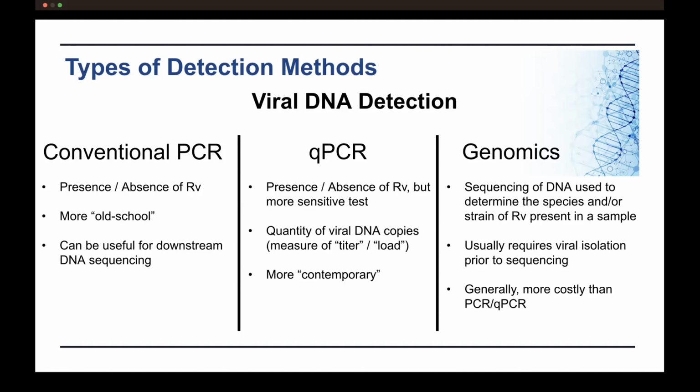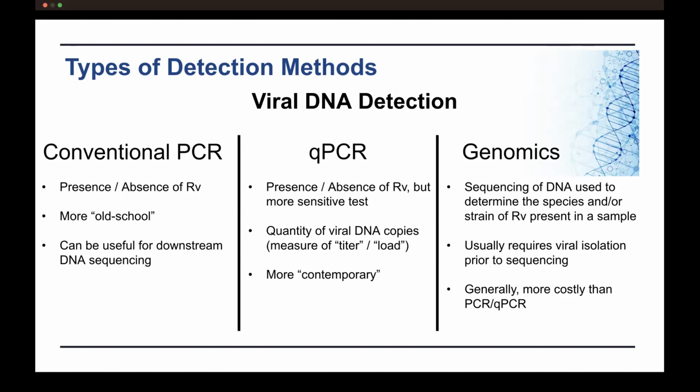Even from a 500 base pair part of the genome, this can help you tell if that virus is more like FV3 or more like ATV, so for species level distinction of the virus. Now, conventional PCR, however, isn't as sensitive of a test, so you can't detect very low quantities of the virus, so you might get false negatives.